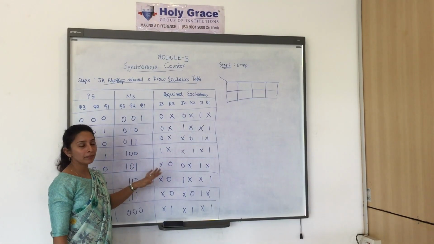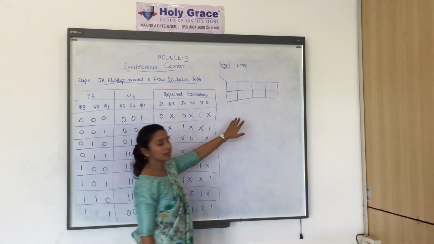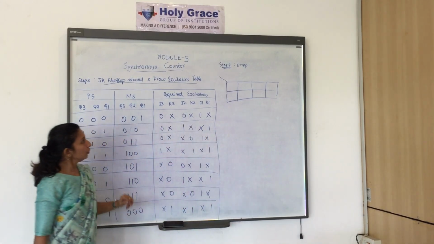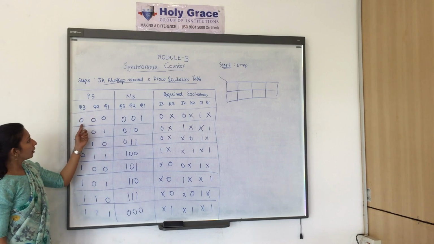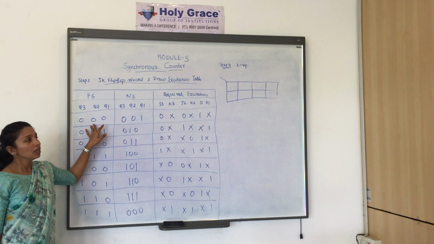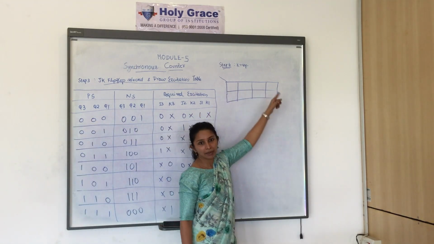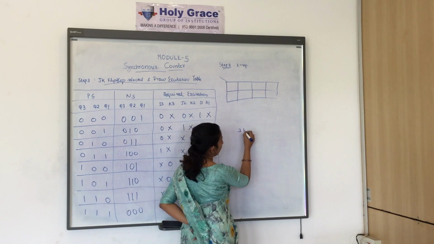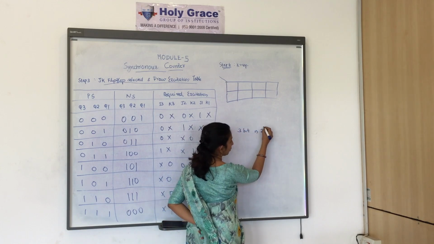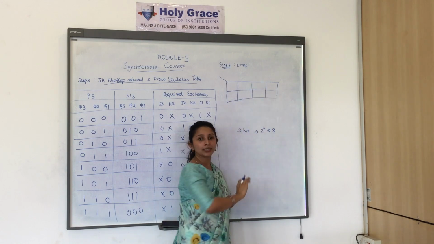Now we have to find the equation. For finding the equation, I am using the K-map. Since we know that it's a 3-bit synchronous counter, for 3 bits I require 8 cells in the K-map. That is 3 bits, which means 2 raised to 3, which is 8. So there are 8 cells in our K-map.